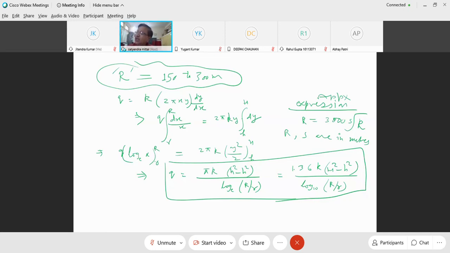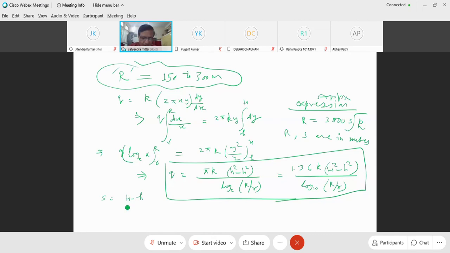Now in this equation which I have written here, if you write H square minus small h square as equal to capital H minus small h into capital H plus small h, then you can have a little different shape of the equation. How? S already I have defined. If you refer to the figure, S is defined as capital H minus small h.